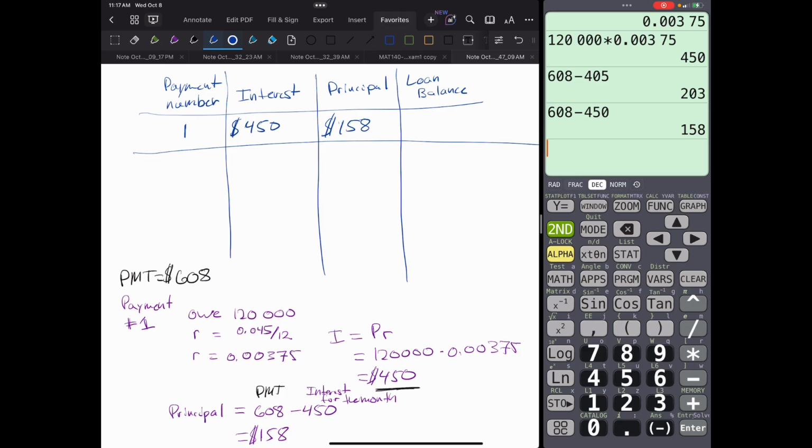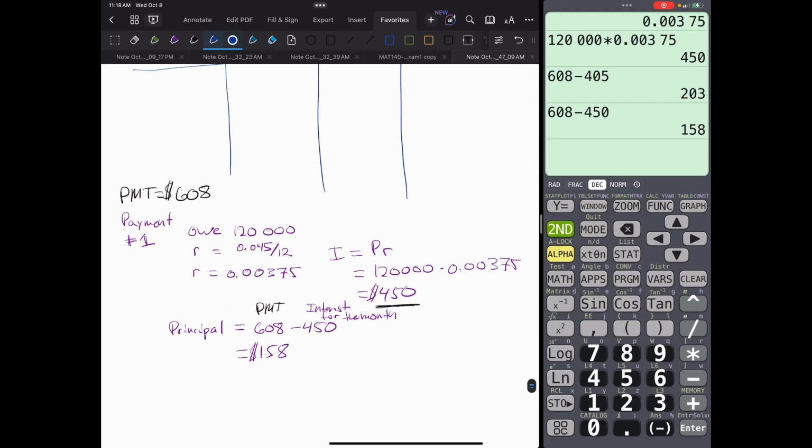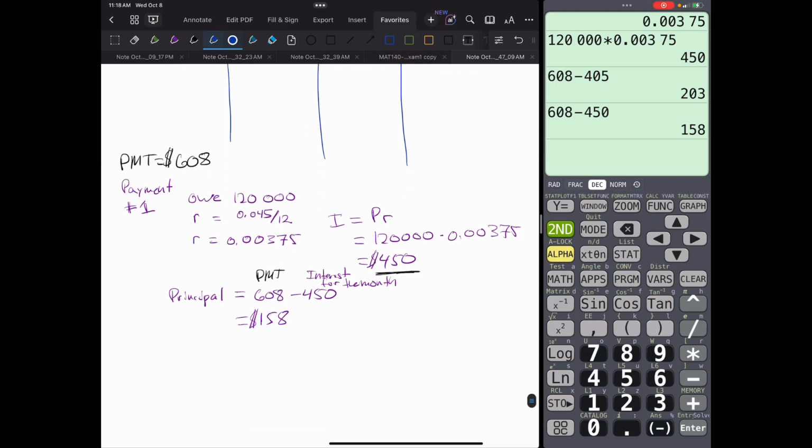What is my loan balance? Well, the interest that was paid to rent the $120,000 doesn't actually count against the loan. That's not money that's paid into reducing the value of the loan. The principal, that's what's paid into reducing the value of the loan. And so my loan balance is that $120,000 that we started the month with minus the $158.